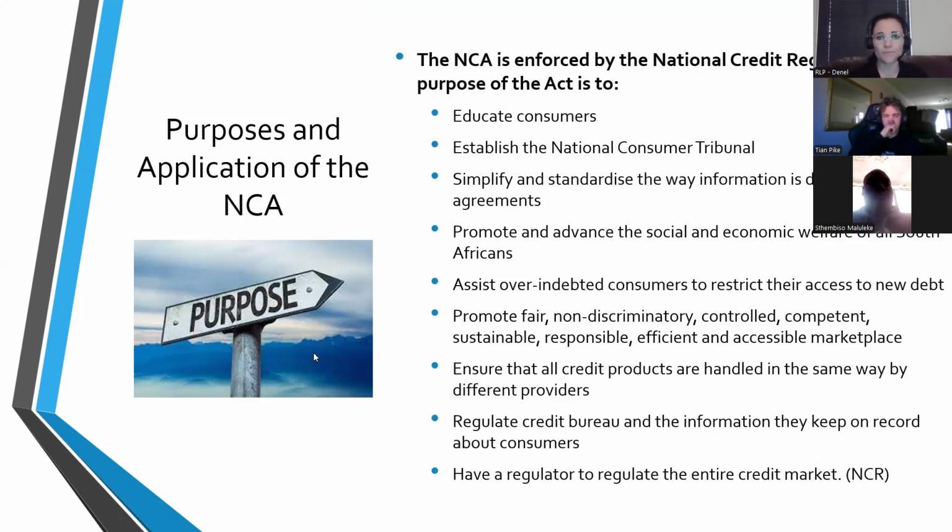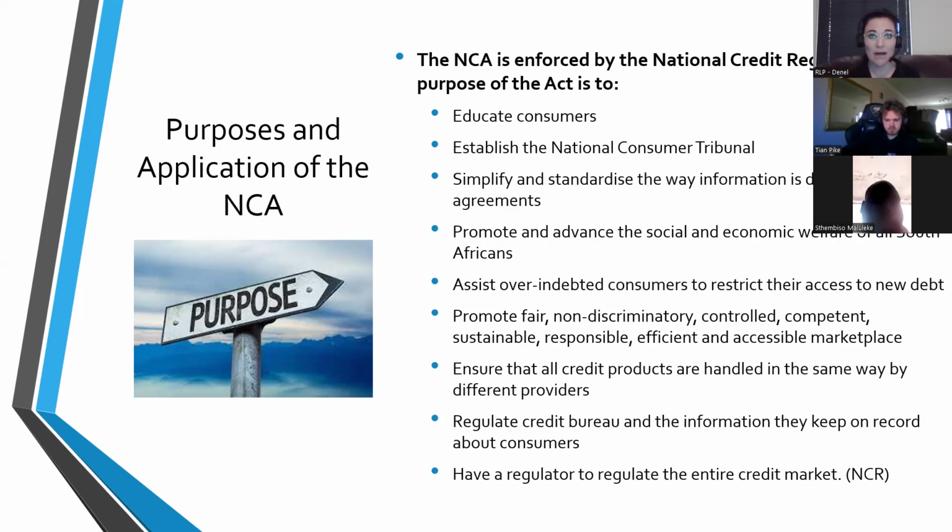Okay, cool. The next one, guys, is quite a mouthful, and I do not expect you to remember it. So the next one, this is the ideal marketplace. This means that if everyone did what they were supposed to do, and everything in the credit industry functioned perfectly, then it will promote a fair, non-discriminatory, controlled, competent, sustainable, responsible, efficient, and accessible marketplace.